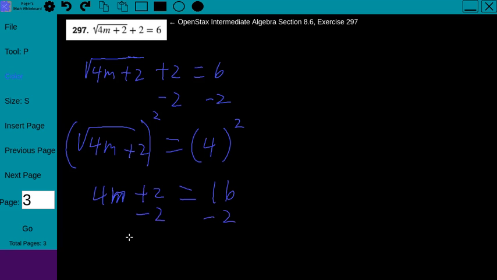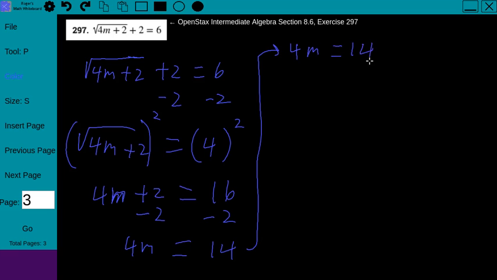So we'll be left with 4m, and then 16 minus 2, which is 14, I do believe. So now we have 4m equals 14.